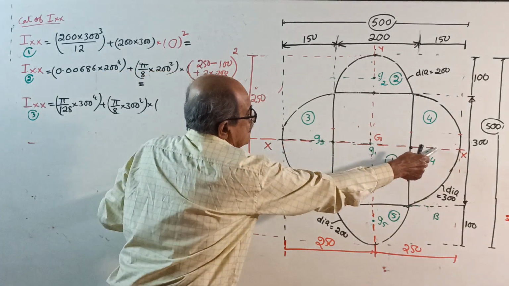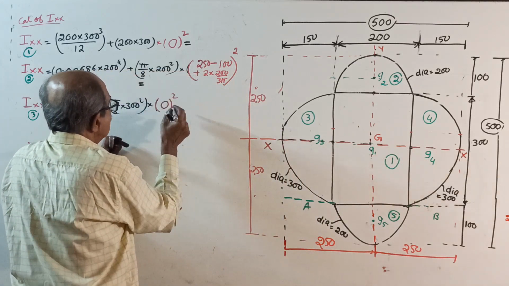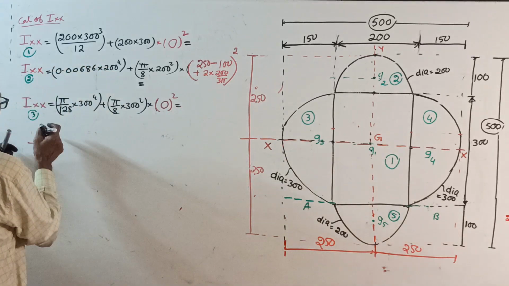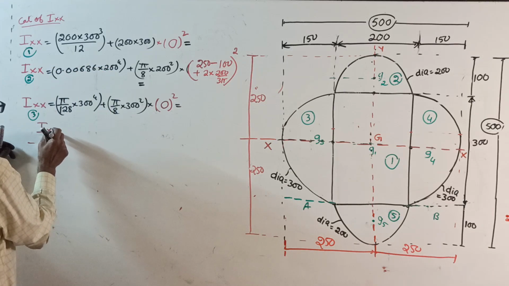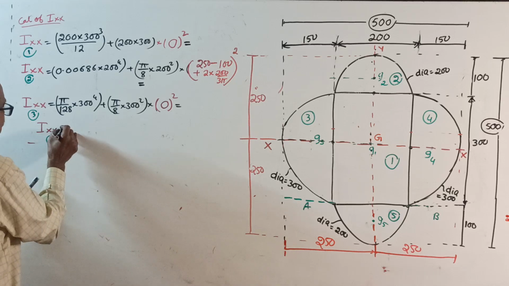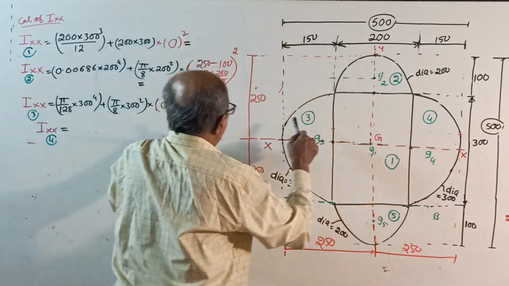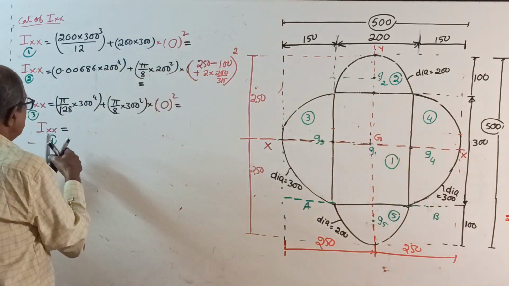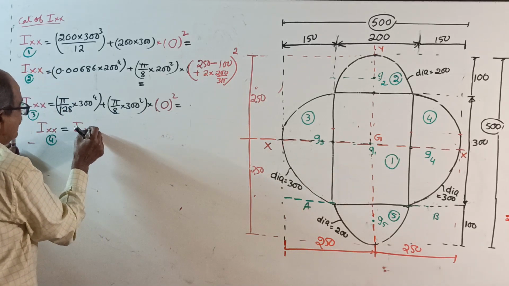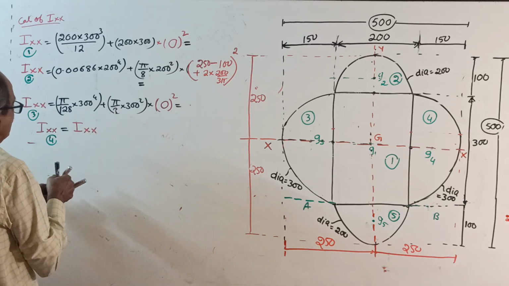G3 also lies on XX, therefore 0 square. Okay, write the answer. Then IXX for 4 is equal to IXX for 3, same answer, copy. Don't calculate; even if you calculate, it will come the same answer as for 3.